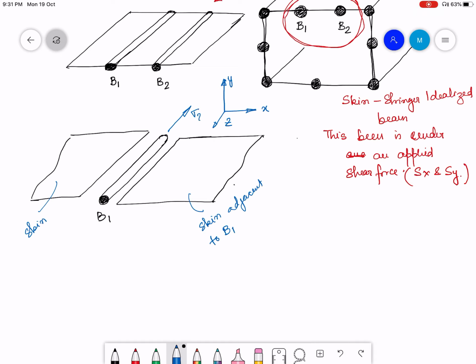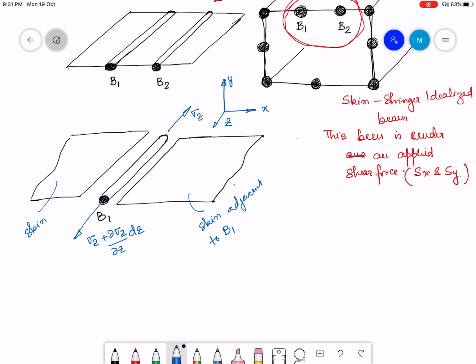So let me call this sigma z, and therefore this is going to be sigma z plus del sigma z by del z into dz. Right? So what are the other stresses?